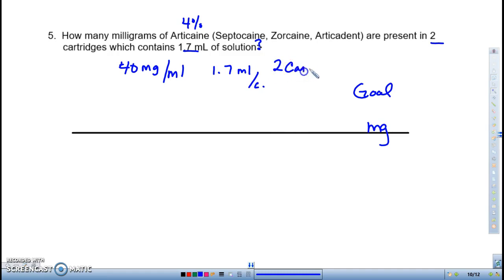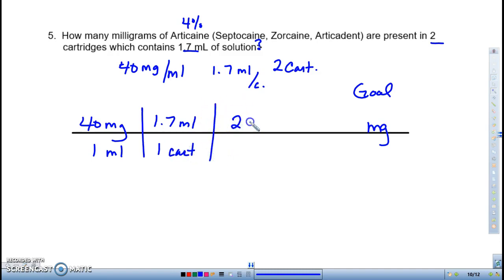So 40 milligrams per 1 milliliter gets multiplied by 1.7 milliliters per 1 cartridge, and I've got 2 cartridges. Let's see here. Milliliters cancels, cartridges cancel. My goal was milligrams, and I'm left with milligrams.